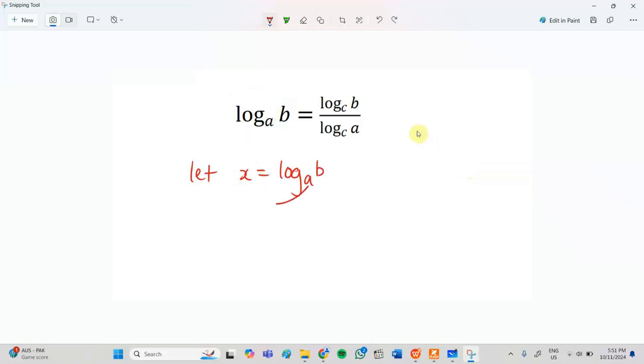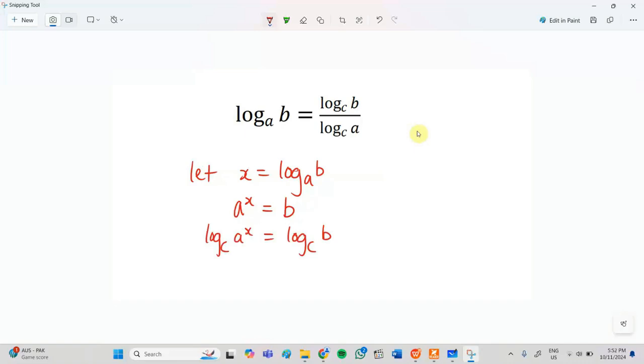And the a, when we move to the other side, it becomes a to the power of x equals b. And now our objective here is to introduce a third base here. So now we can let this be log base c of a to the power of x equals log base c of b.